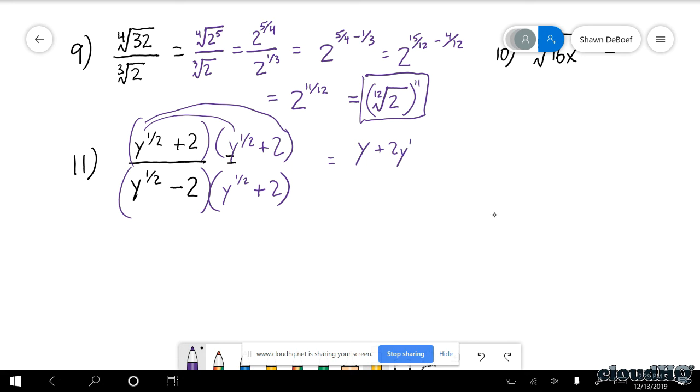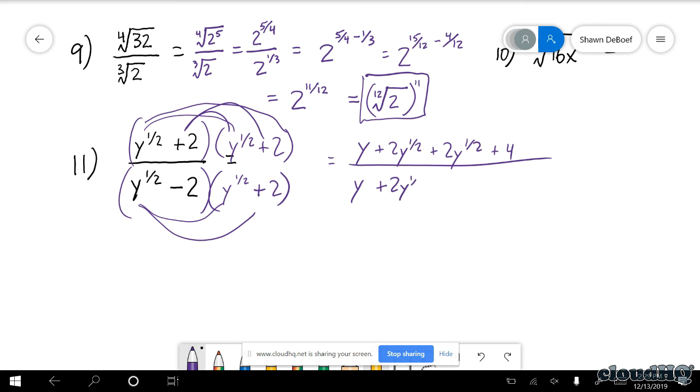Plus 2y to the 1/2 plus another 2y to the 1/2 plus a 4. The bell's about to ring, so I'm trying to hurry.